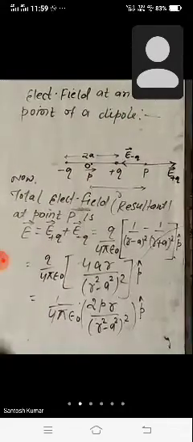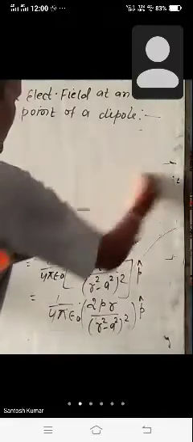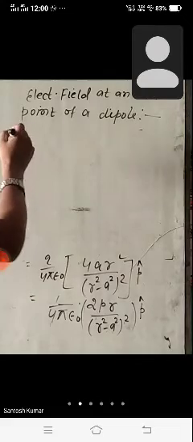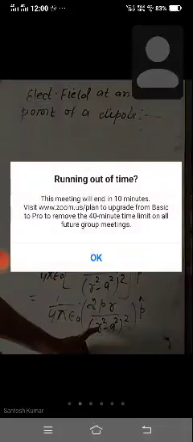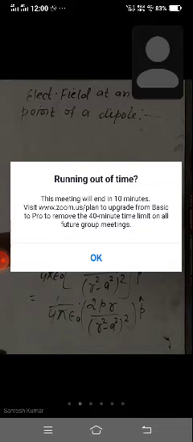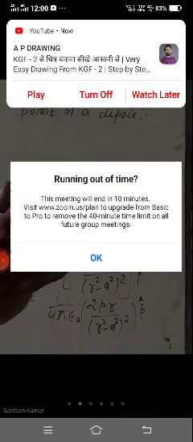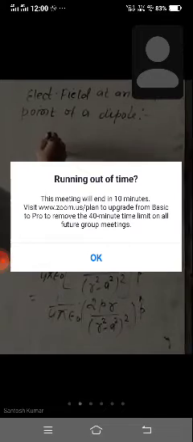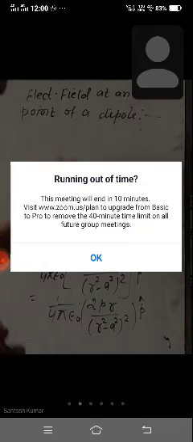Now the final result we will have. Now you can write this R and A. R, what is R? R is the distance from the center of the dipole. A is what? The distance between the two charges, this plus and minus, this distance is very small, 2a is very small, the a will be very less.